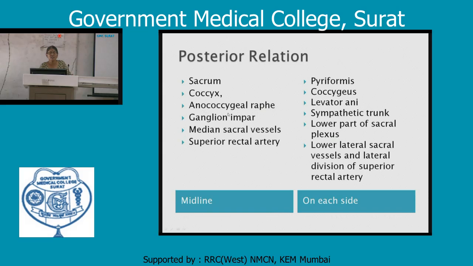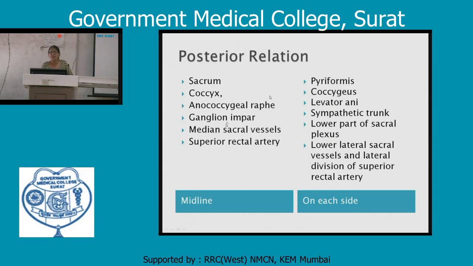Then the ganglion impar at the lower end of the sympathetic chain. In the midline there are also the median sacral vessels, artery and vein. And even the superior rectal artery lies on the posterior surface of the rectum. So these are midline structures.